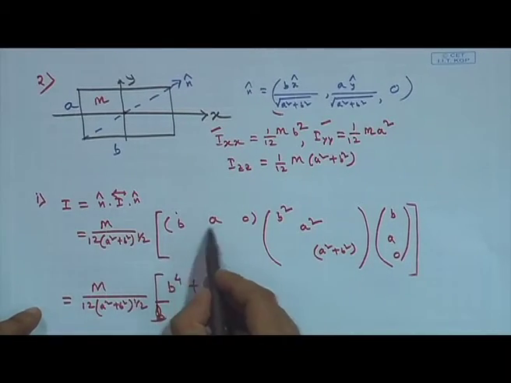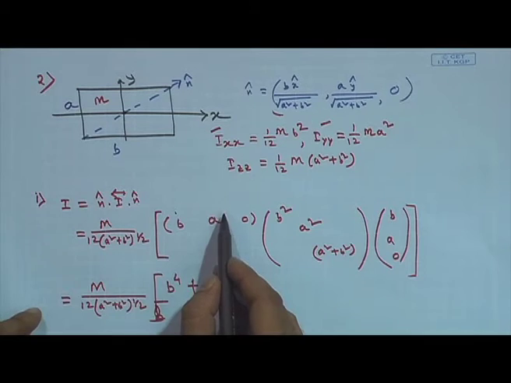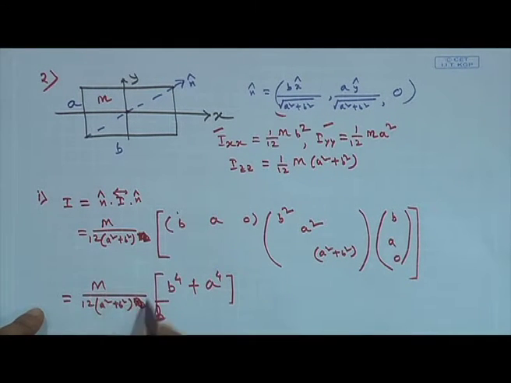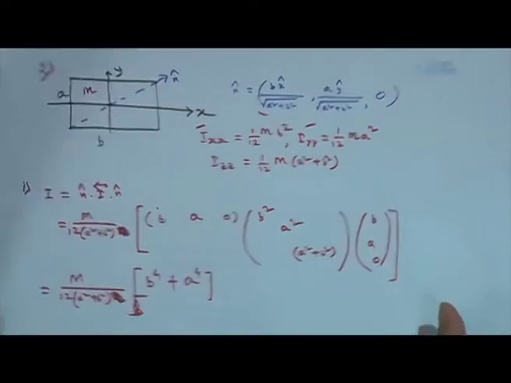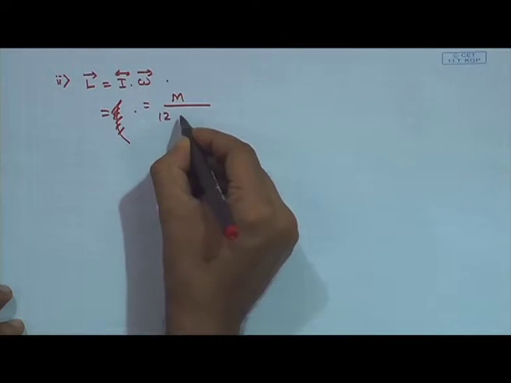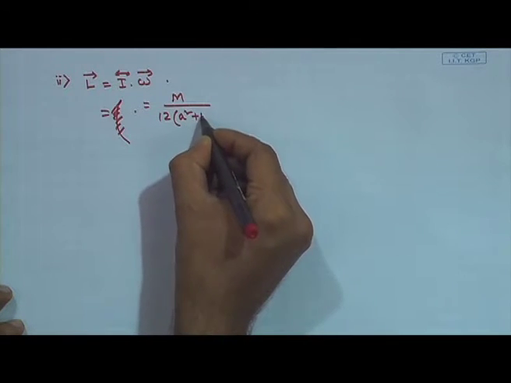Oh sorry, actually there is a mistake. Because n is coming twice in this expression, this to the power half will vanish and we will have simply this, right. Now for this one it will be m by 12 a square plus b square.